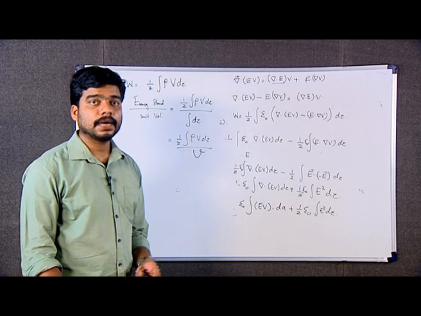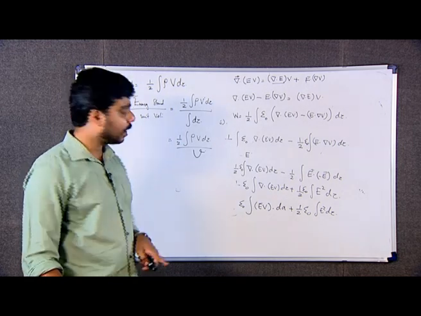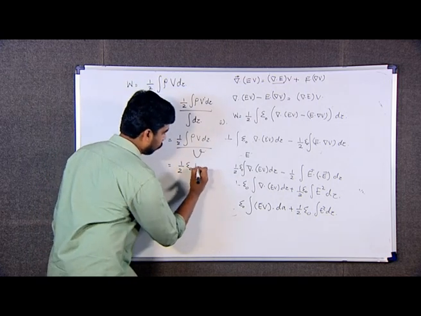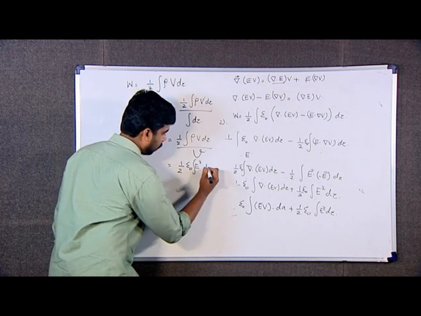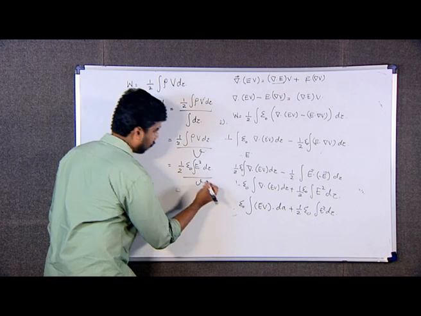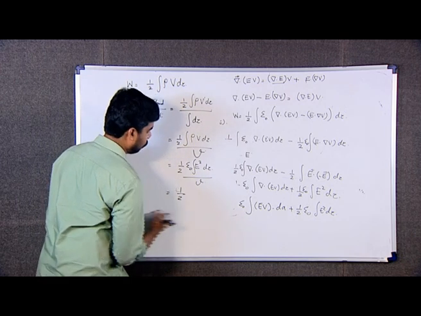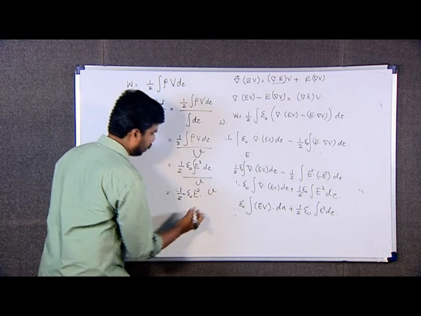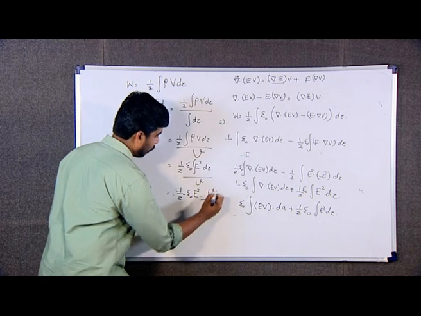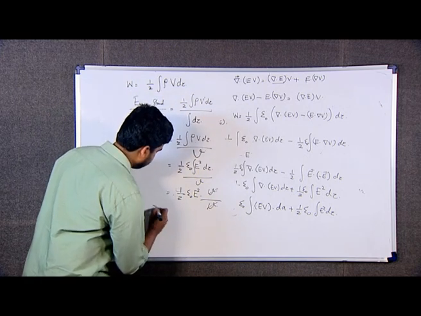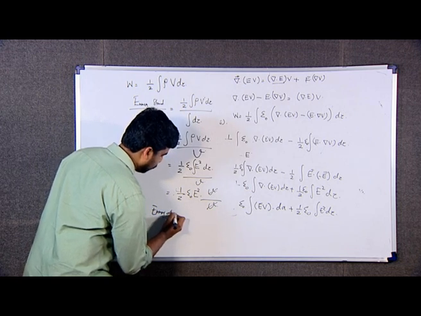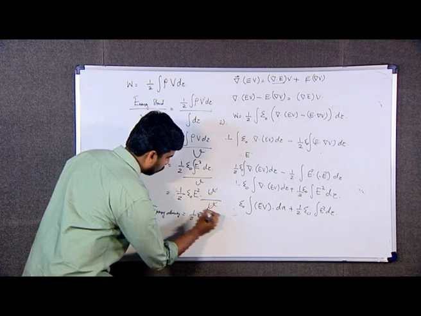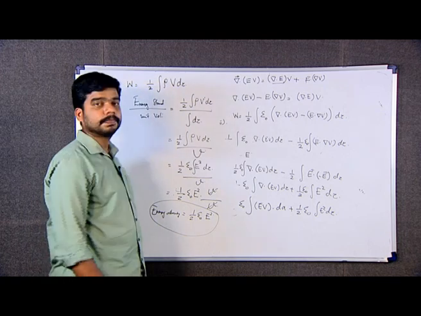But we know the energy stored is half epsilon 0 integral E square d tau, divided by the total volume v, which is half epsilon 0 E square times the volume v divided by v, and the v's cancel. So the energy density is equal to half epsilon 0 E square.